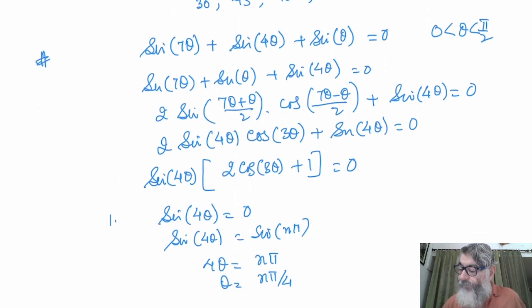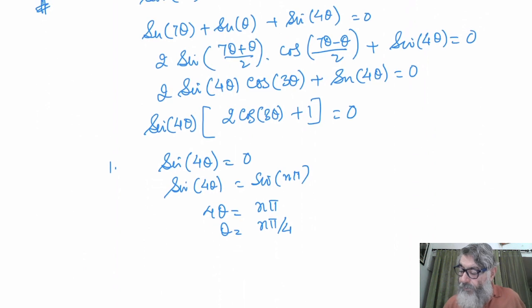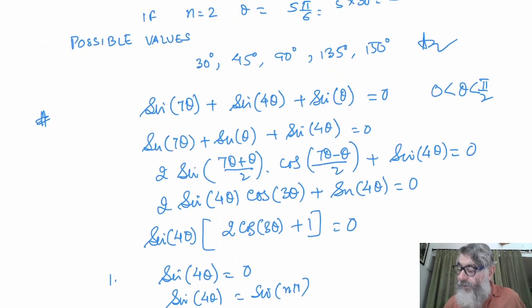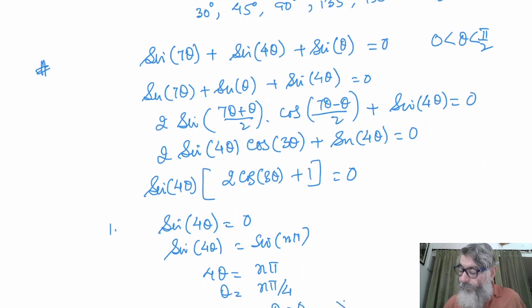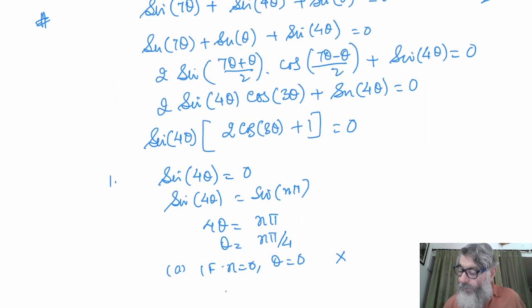Now let us give different values. If n is 0, theta is 0, which is not acceptable because it has to be greater than 0. If n is 1, then it is pi by 4.